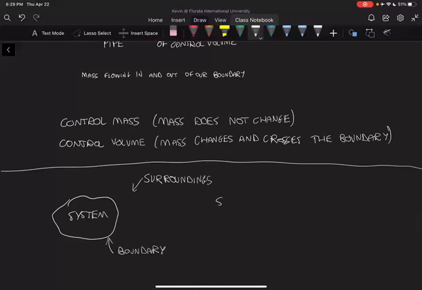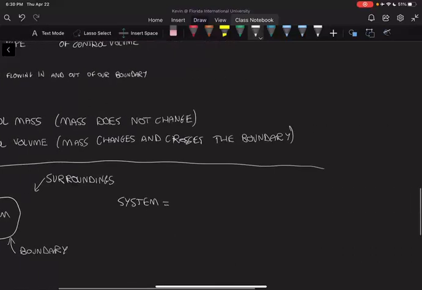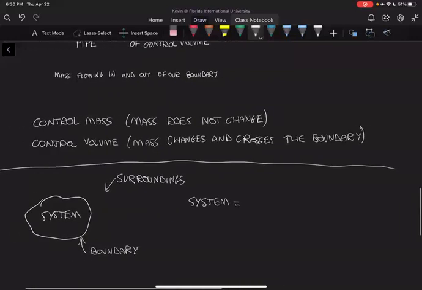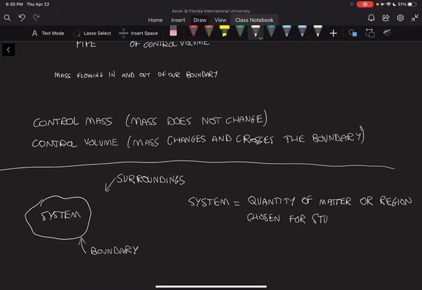And so we can define the system in words as the quantity of matter or region chosen for the study. Okay, so it's an arbitrary region that we can choose for the study, and it can change.